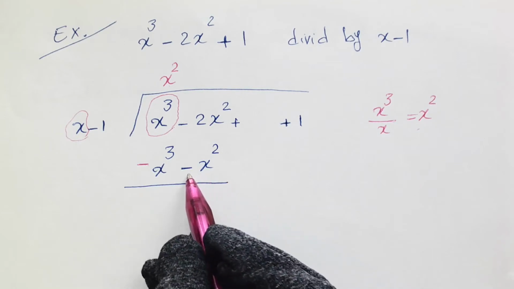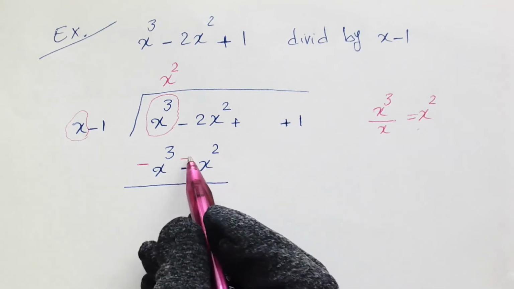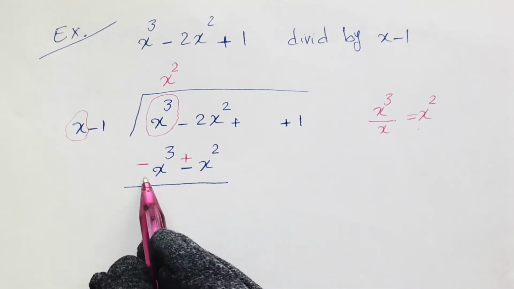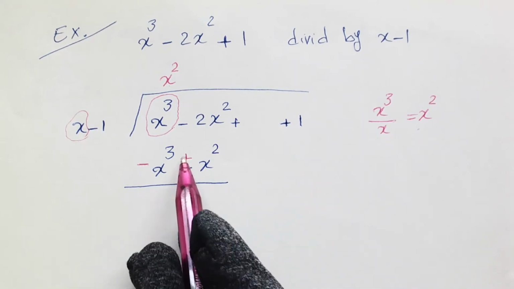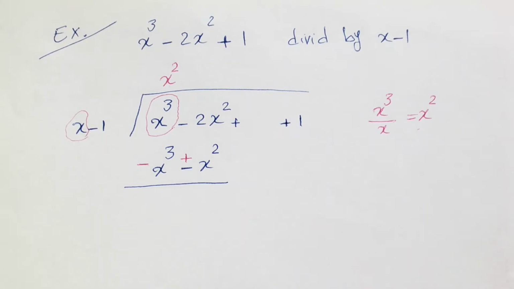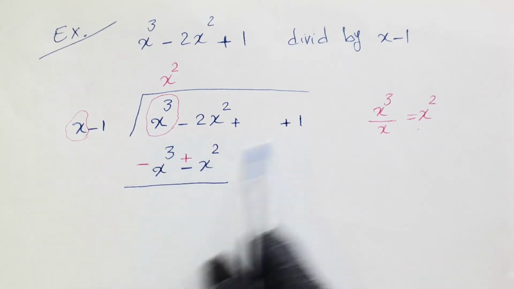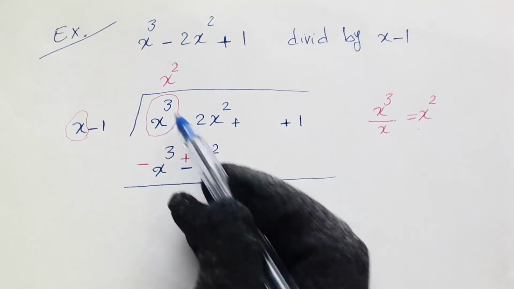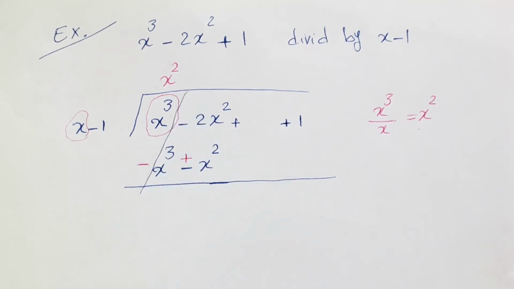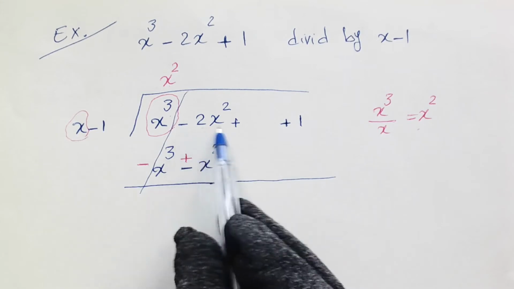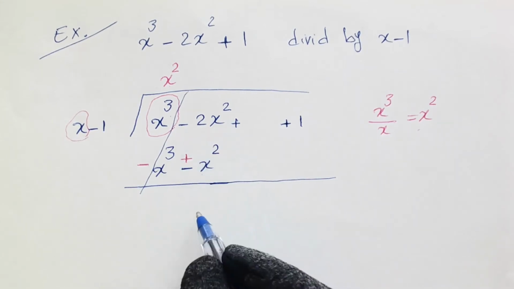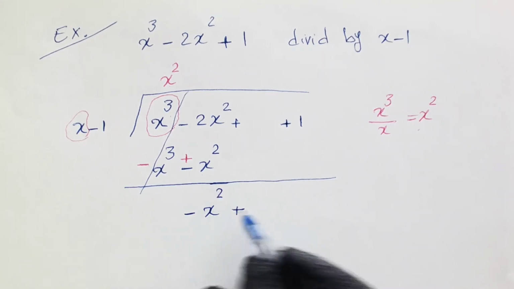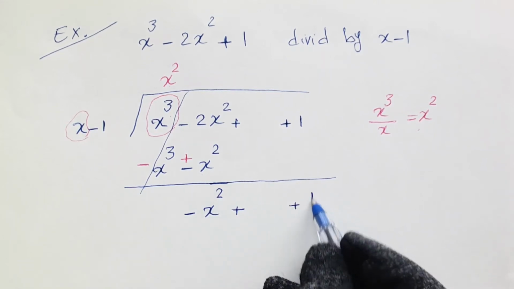And if I multiply negative x squared by negative, it's going to be positive x squared. It's like we're switching all signs, positive to negative, negative to positive. Now if I add both rows, x cubed and negative x cubed eliminate each other. Negative 2x squared plus x squared is negative x squared. We bring the rest down.